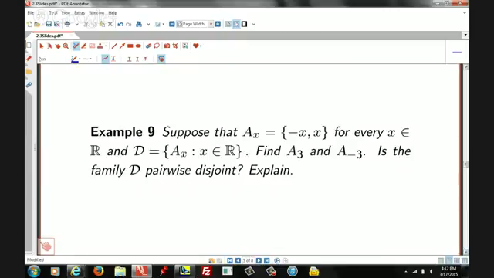Okay, suppose that A sub x equals the interval from minus x to x for every x in R, and D is going to be the family of A sub x, where x is in the reals. Find A3 and A minus 3. So what is A3? Yeah, 3 and -3, -3 and 3, whichever way you want to look at it. What's A minus 3?